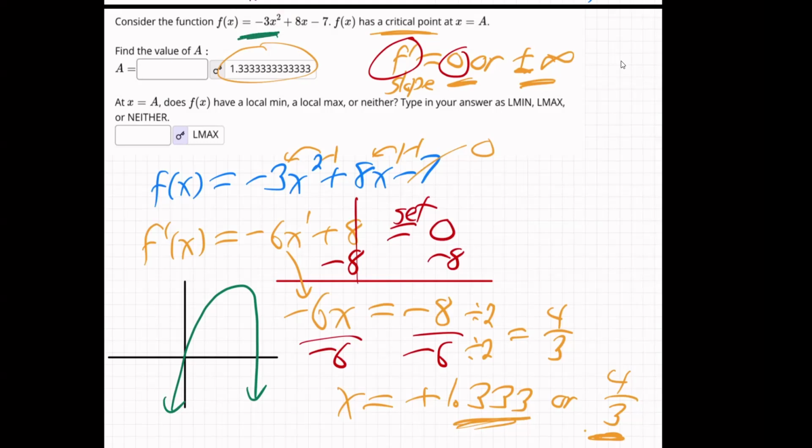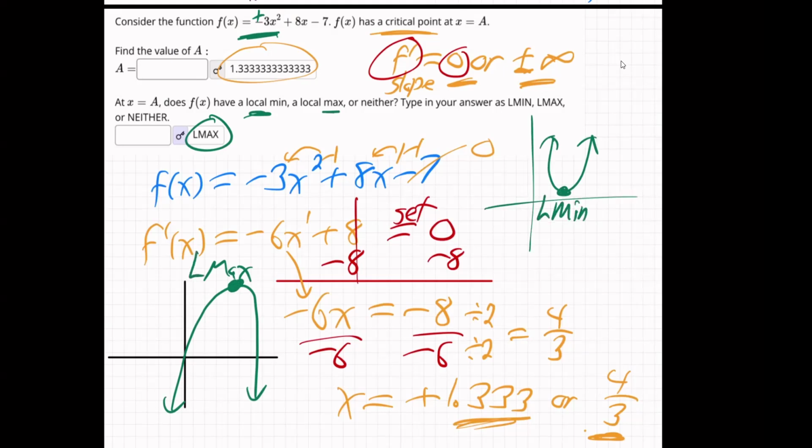It's a U-shaped parabola, we call it, going down. So what does that mean? That means it's going to have a max, a local max, L max. Now, if this was a positive in the front, then this would be a U shape going up, and it would have a local min instead of a local max.